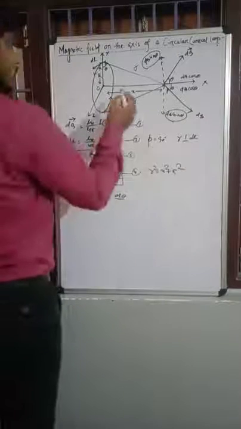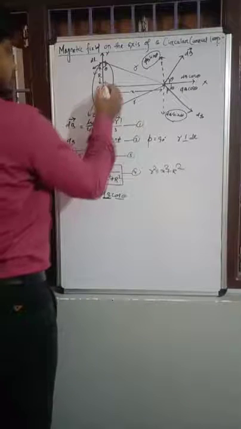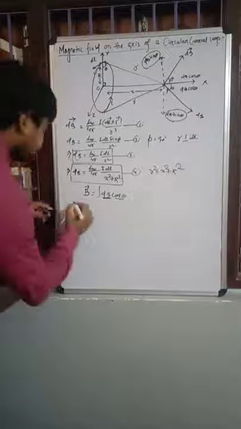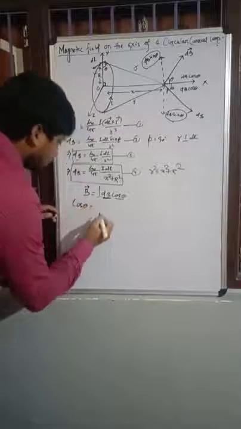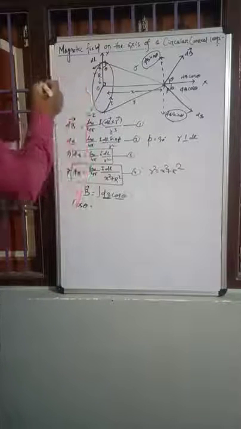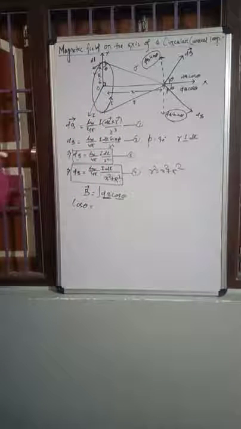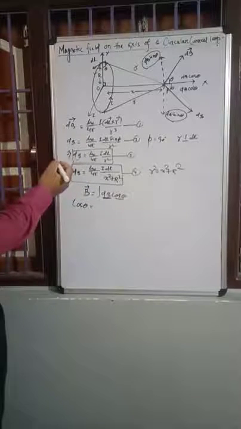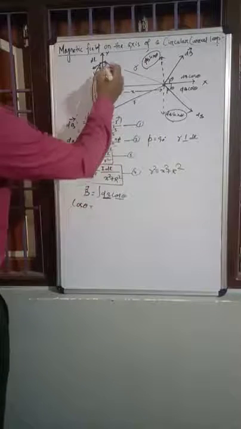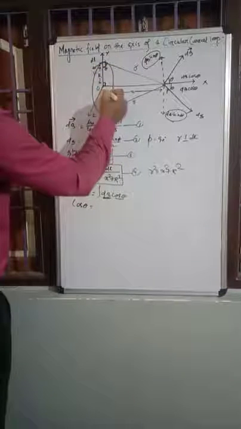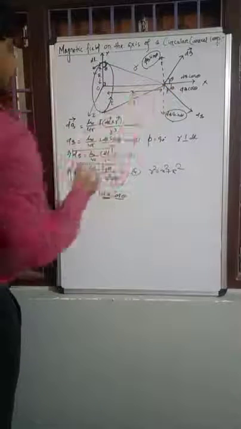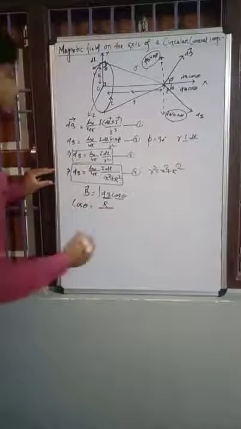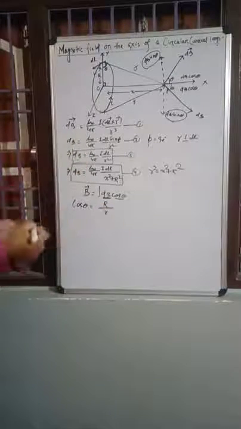You see, this is the right angle triangle. Here is the theta. So the cos theta value in this right angle triangle, this is theta, this one is the base, this is the perpendicular, this is the hypotenuse, so cos theta will be equal to capital R by small r.